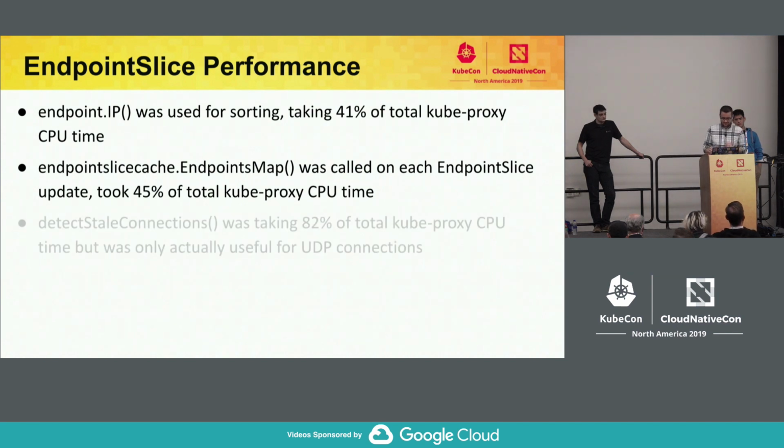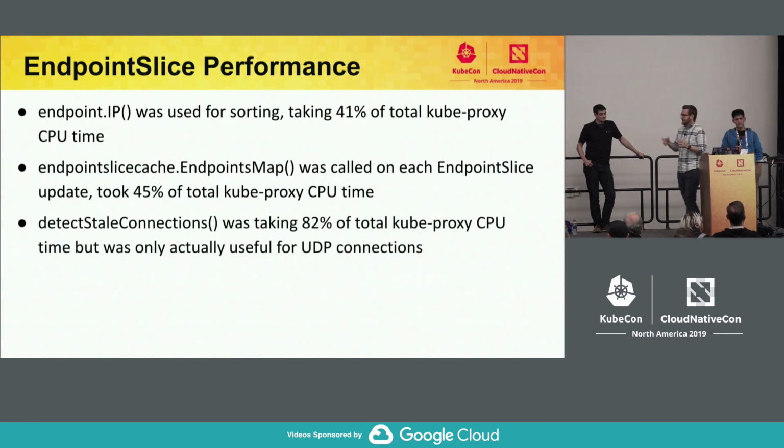And finally, there's a detect stale connections function that was taking, after these previous fixes, a whopping 82% of total CPU time, and it was being called on every single connection, even though it was only useful for UDP connections. This was kind of a big deal.